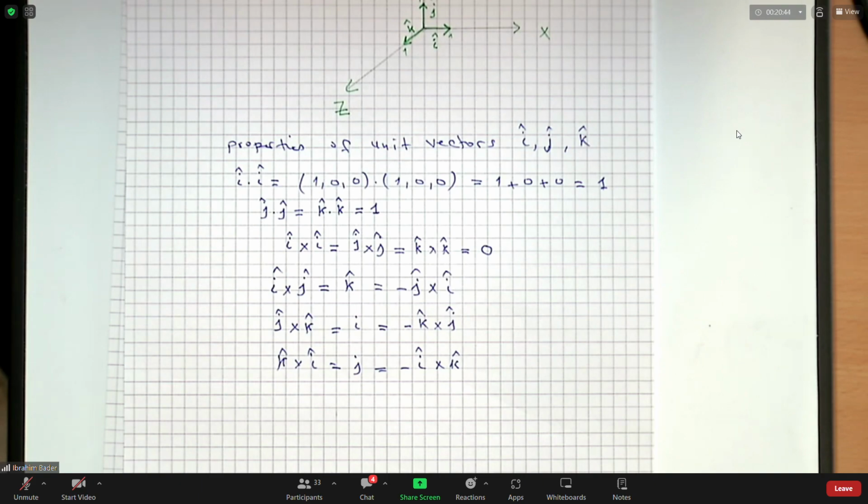So here, for instance, I cross K is going to give me what, according to this rule? Negative J. So if I negate someone, I take the opposite direction and I apply this product, I'm at the same position.